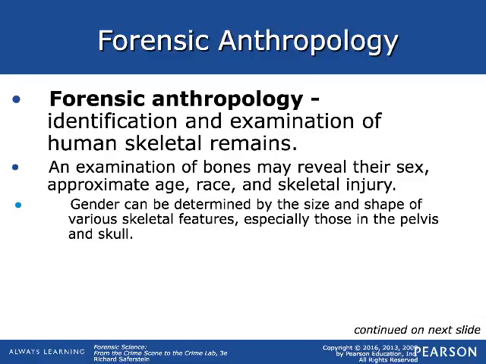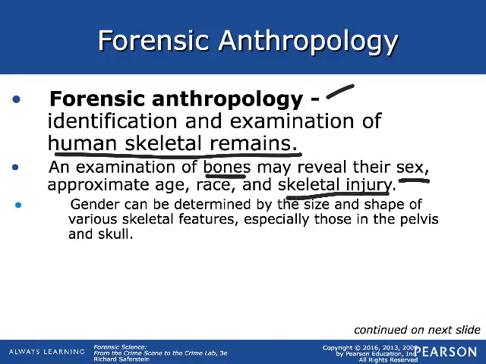Okay, now forensic anthropology is examining and identifying human skeletal remains. There are whole degrees in anthropology and then probably classes or maybe some degrees in forensic anthropology. So we can look at bones, and from the shapes of the bones, we can determine gender, age, race, and whether there was skeletal injury.